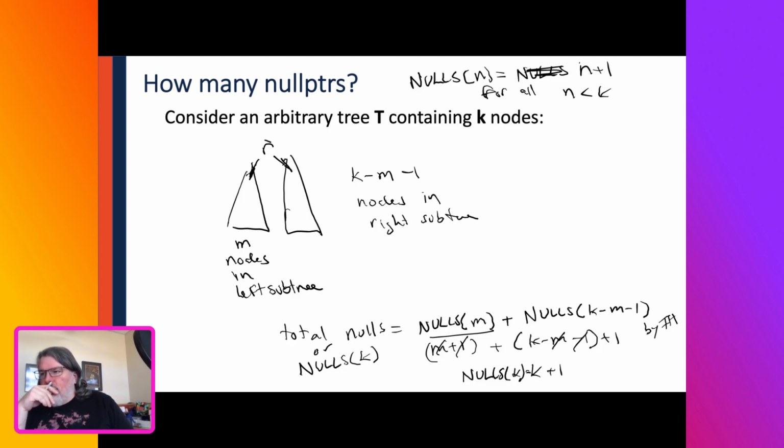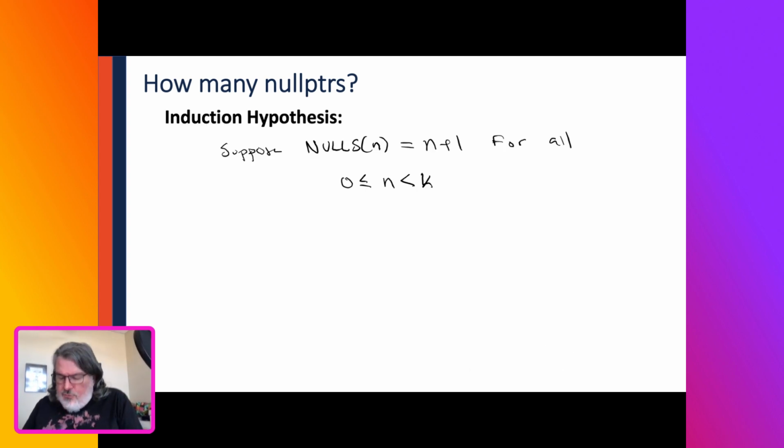So, for the induction hypothesis, let's go back to here. What does n represent and what does k represent? Well, they're both just variables, right? k is a variable that has no fixed value, but is bounding n. So they're both variables, and we are bounding n with k.